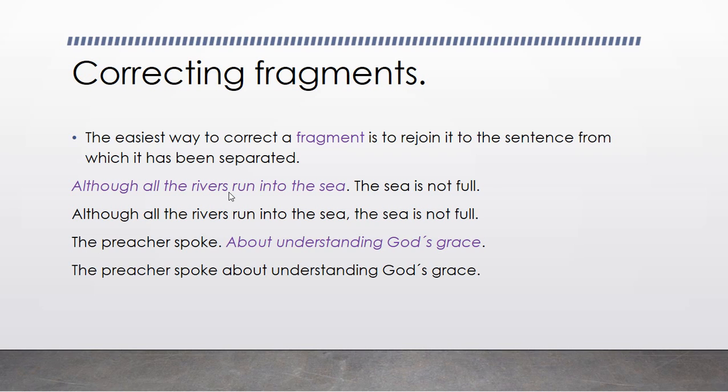Because this is separated from the rest of the sentence by that period there. So what are we going to do in order to fix the sentence? We have to take out this period, sorry, we have to change it to a comma. Although all the rivers run into the sea, comma, the sea is not full.